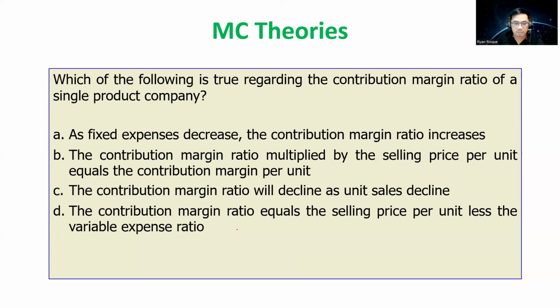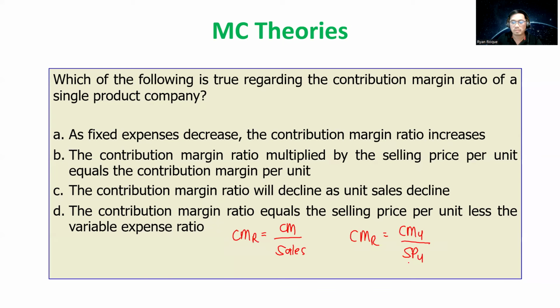If you look at the formula, contribution margin ratio is the CM over your sales. Or it could be expressed in terms of per unit: CMR equals your CMU, or contribution margin per unit, over the selling price per unit.